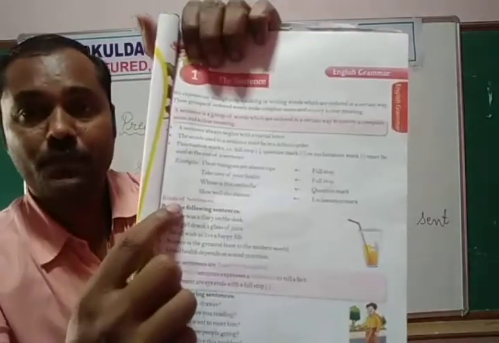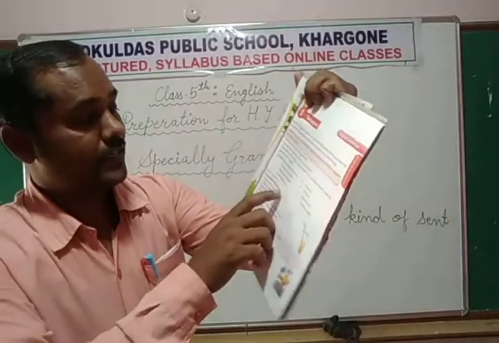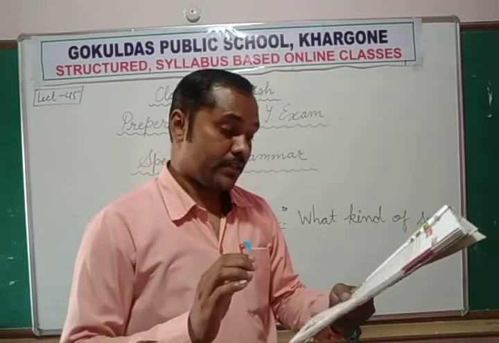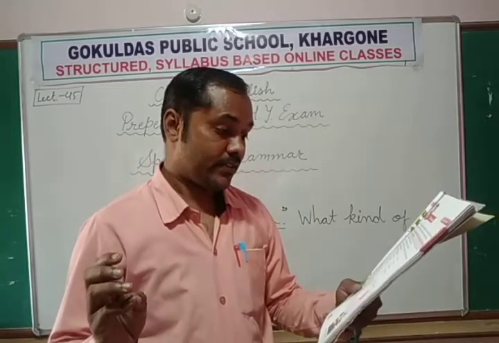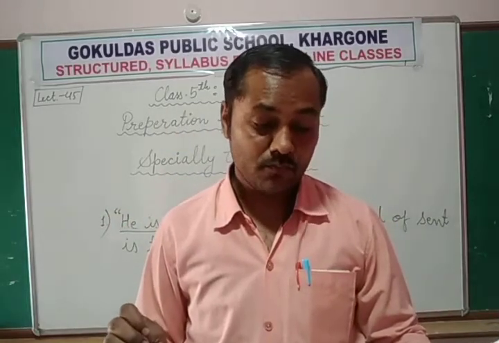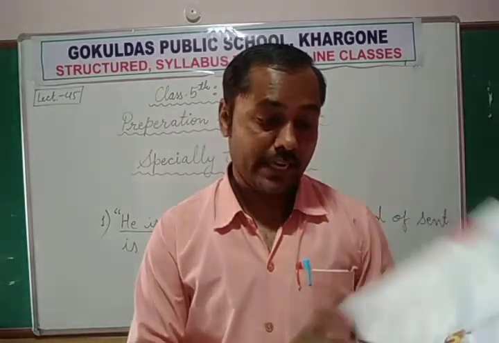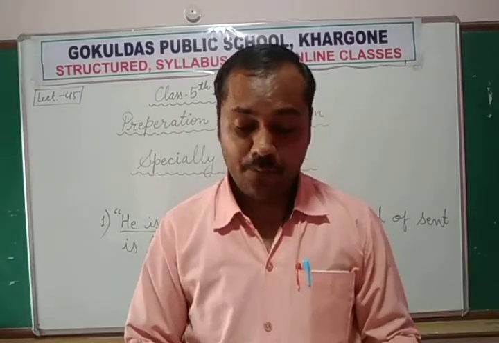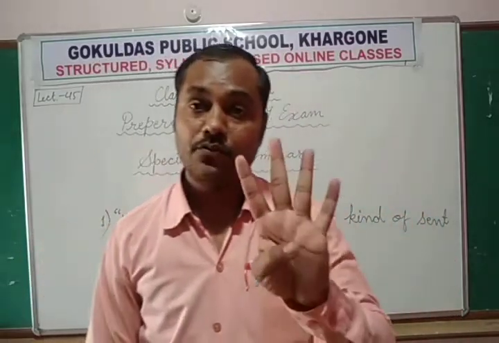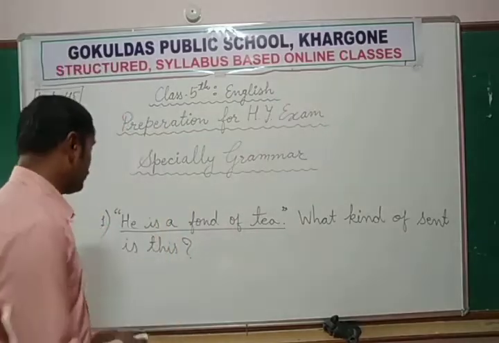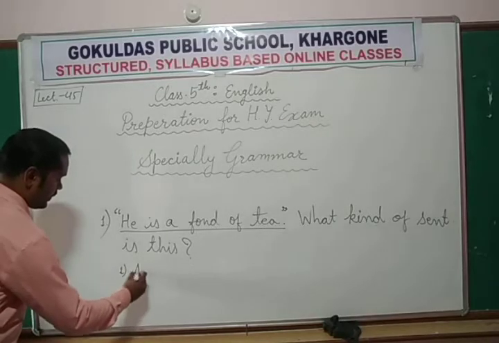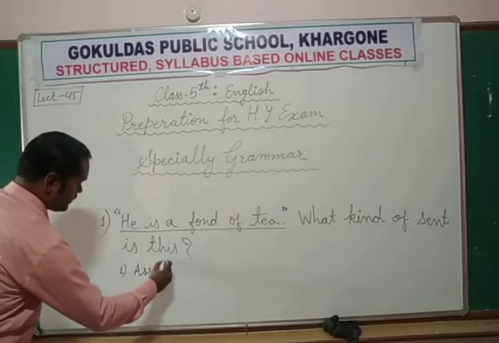If you open the chapter, kinds of sentences on page number 9: assertive sentence, interrogative sentence, exclamatory sentence, imperative sentence. These are the 4 types of sentences we have already learned. Out of these 4, all options will be given to you. Option number 1, assertive sentence.